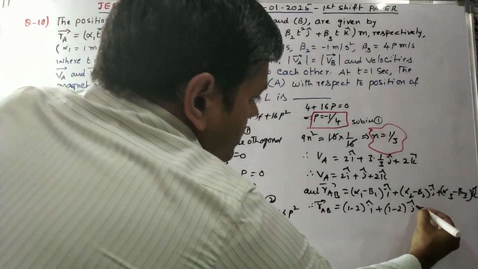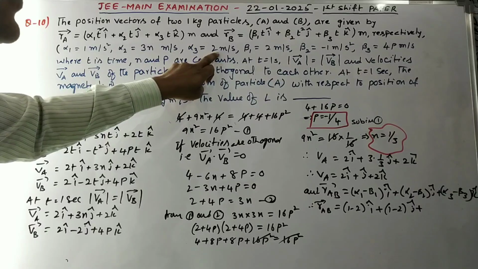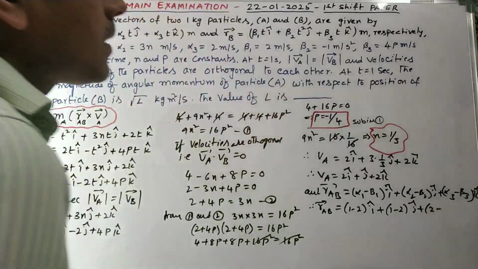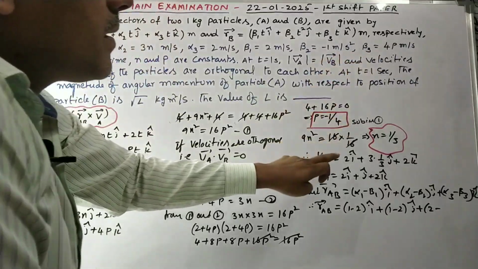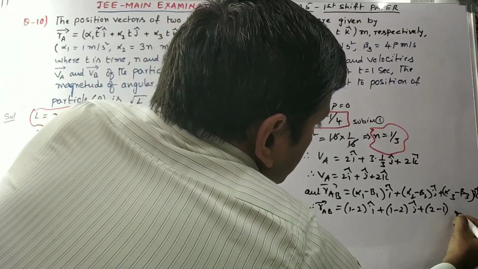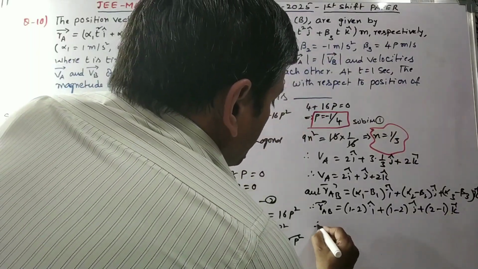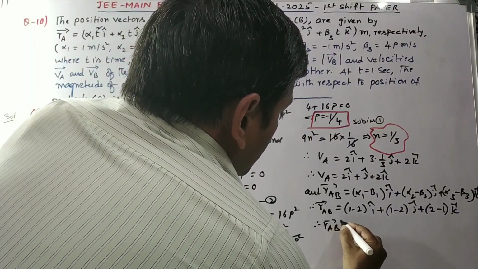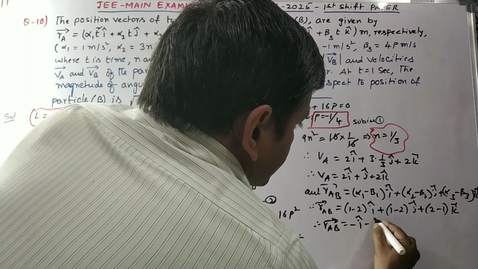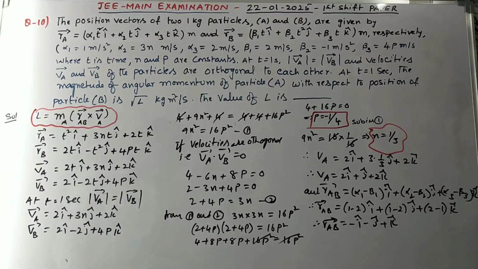Plus alpha 3 is equal to 2 minus beta 3, which is equal to 4p, but p is equal to minus 1 by 4, which is minus 1 k cap. Therefore the position vector of A with respect to B is equal to minus i cap minus j cap plus k cap.